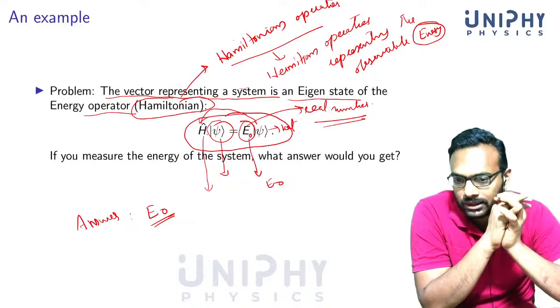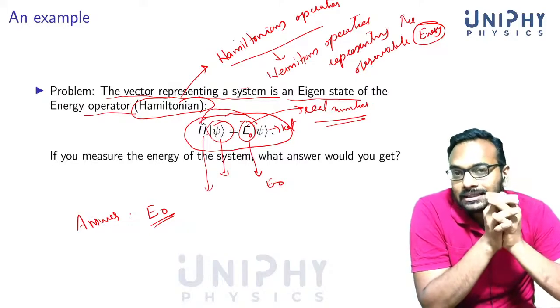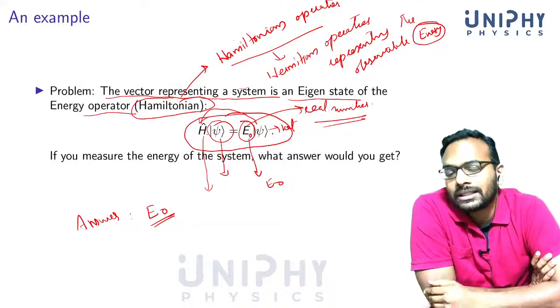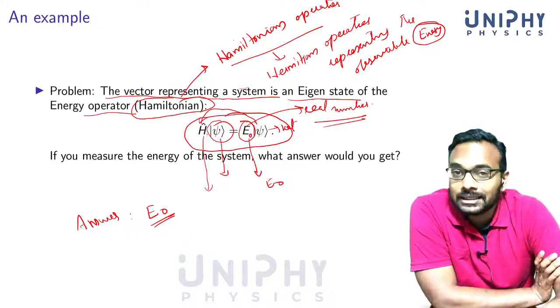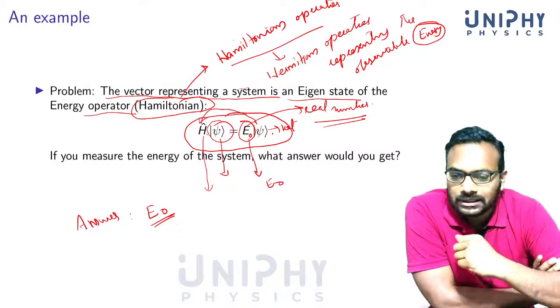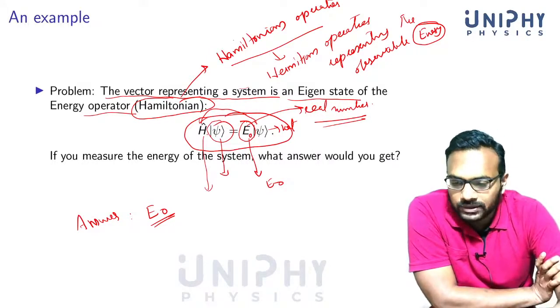No problem there. The question is this: if the given state psi is not an eigenvector of the Hamiltonian, what does quantum mechanics say about the energy value that you may measure? You try to measure the energy of the system. What's the energy of the system?